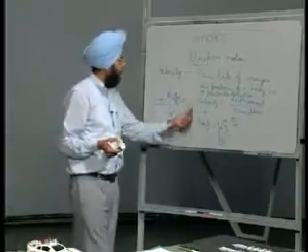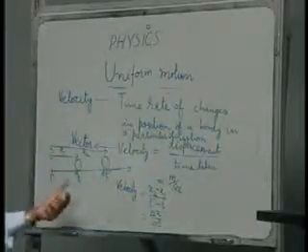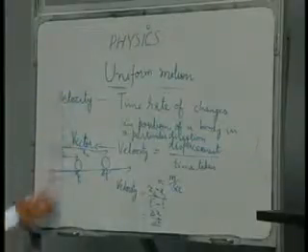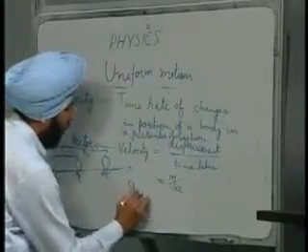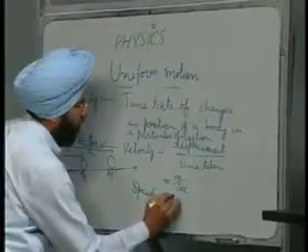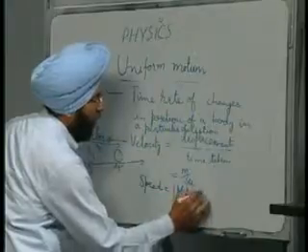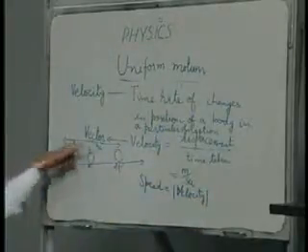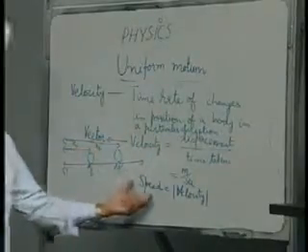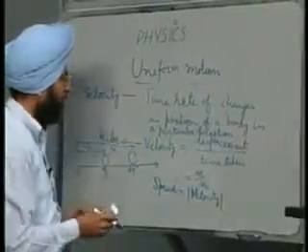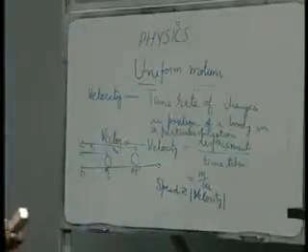Now, in case the body travels backwards, in that case velocity and speed will not be the same thing. So, speed is equal to magnitude of the velocity when the body is moving in a straight line in a particular direction only, then magnitude is same. Otherwise, speed is always greater than magnitude of velocity.